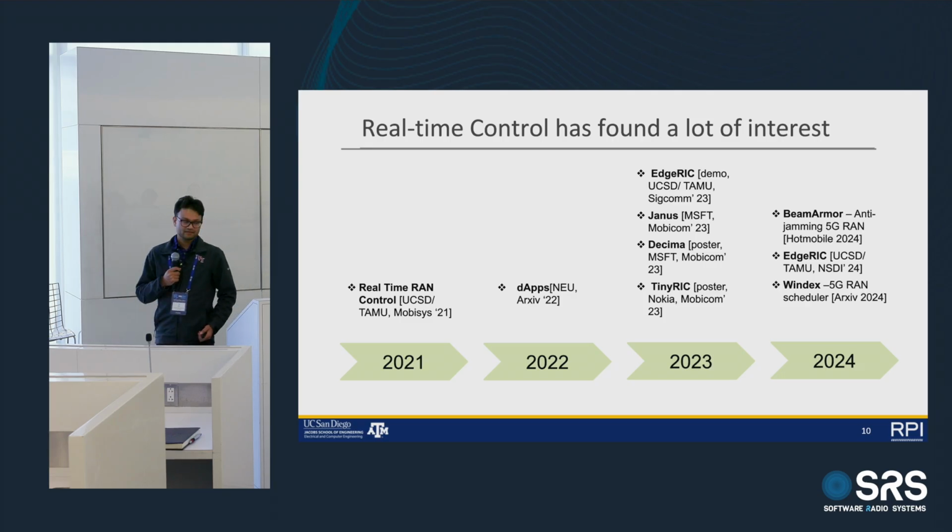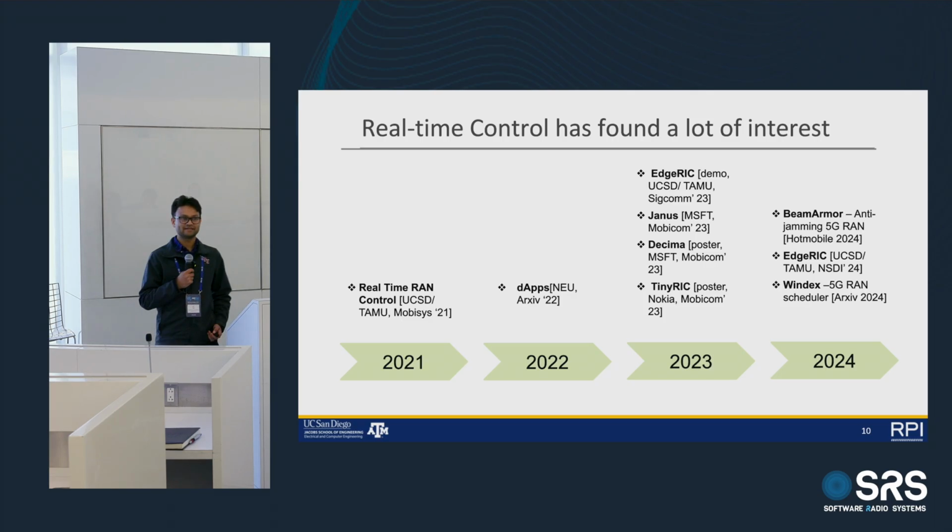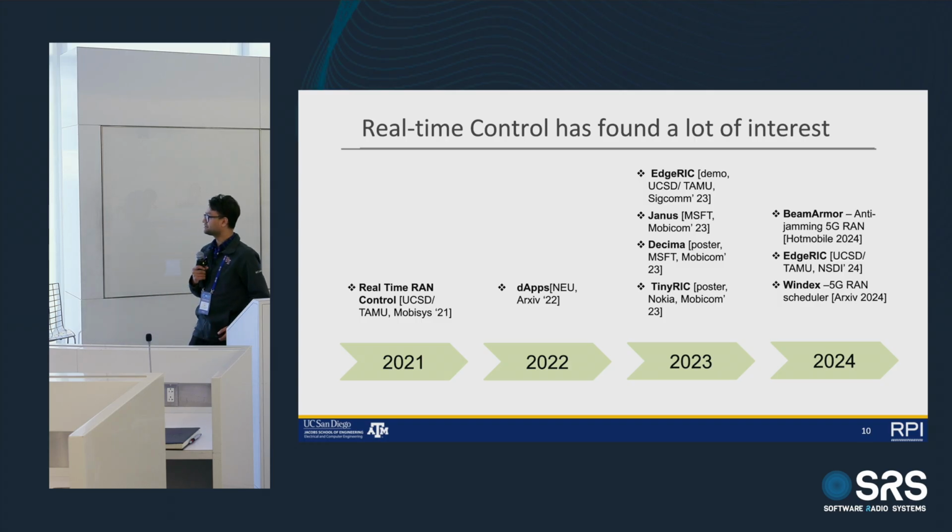There are multiple interests in building real-time control. Since 2021, you can see multiple platforms have come up, starting with our previous demo at MobiSys 2021, and then DApps coming from Northeastern University, which since 2023 has a lot of work.